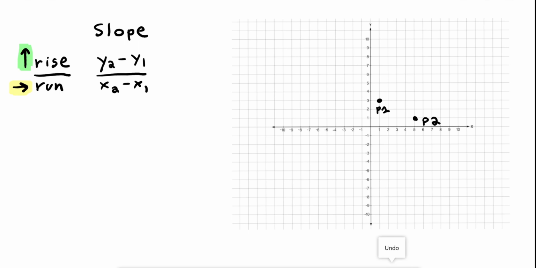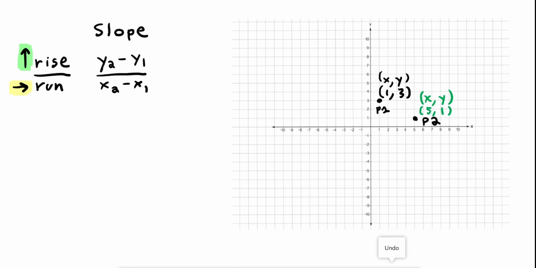Well, point 1 has an x of 1 and a y of 3. All right, that looks good so far. And for point 2, its x value is 5, and its y value is 1. So those are my coordinates for points 1 and 2.